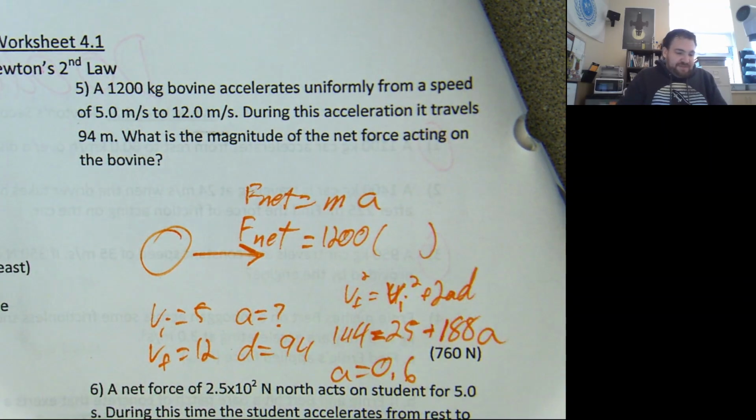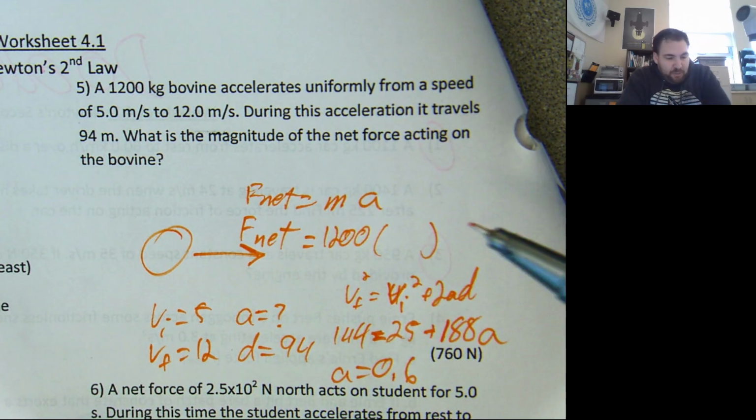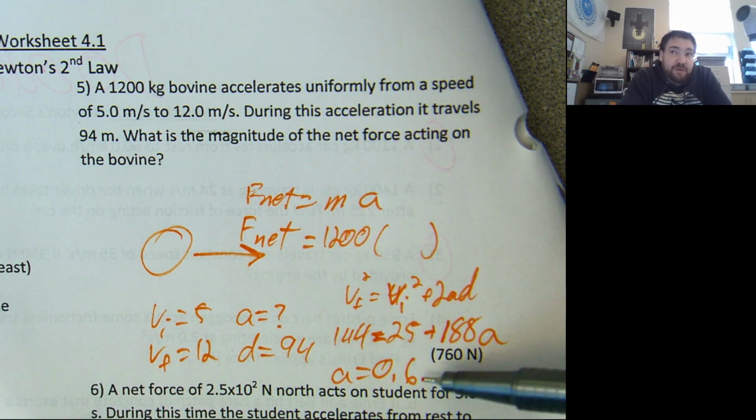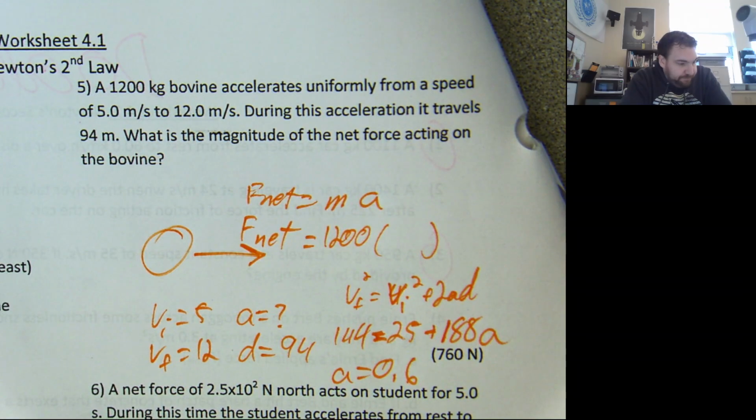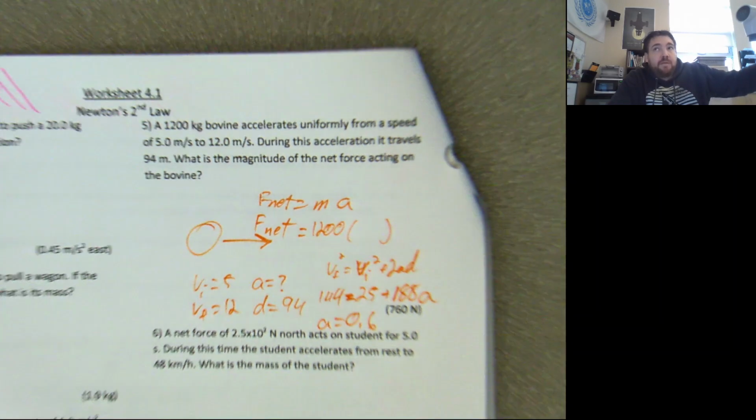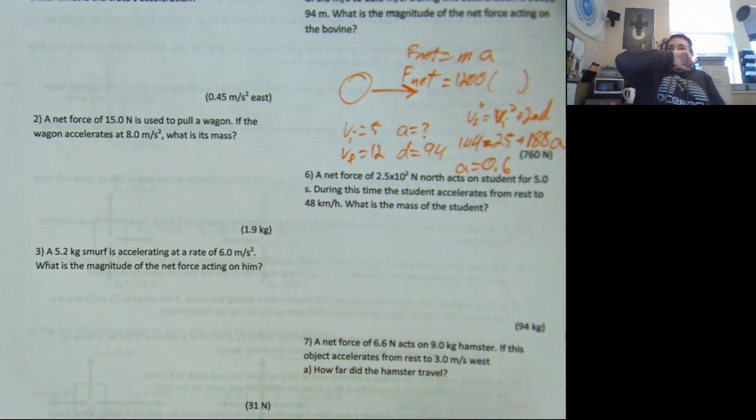And then 0.6 times 1,200 is going to be 760. Well, 0.6 times 1,200 is actually going to be 720, but you're close enough. If I hadn't rounded this quite so aggressively, you'd get 760. So similar to the first question on the previous page. And that's everything you guys would have done Wednesday, Thursday. Questions, comments, concerns on any of it?